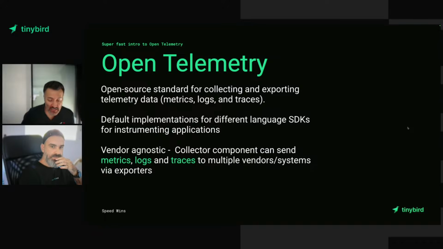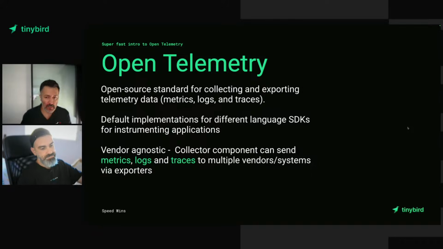One of the key things, and I think the biggest reason that OpenTelemetry has become successful, is that it's vendor agnostic. It doesn't care what the final destination for your data is. It basically gives you all of the tools to capture it, and it has a framework to build exporters, and a set of exporters that are already there and actively maintained that you can use to send data to multiple vendors or systems.